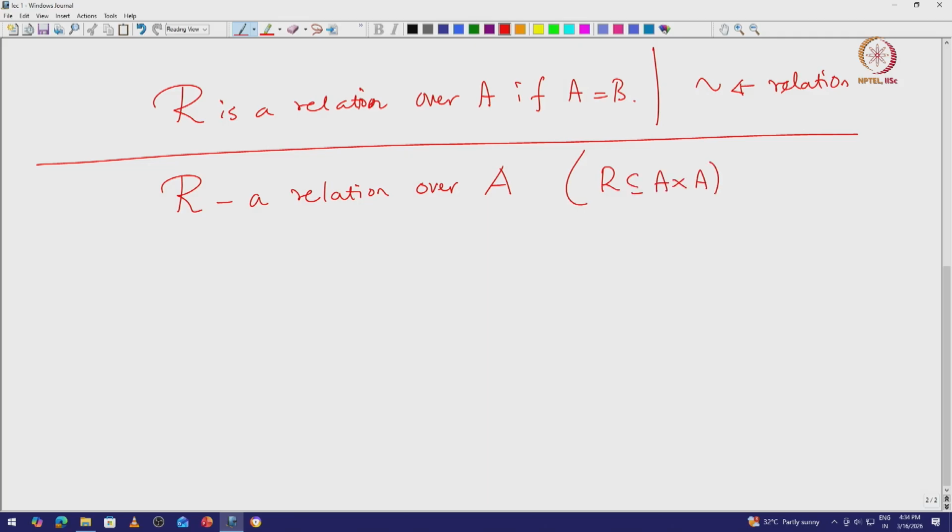So, now we want to say that R is reflexive. Okay.